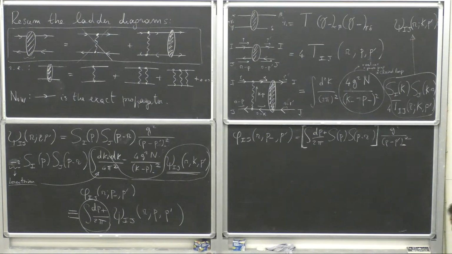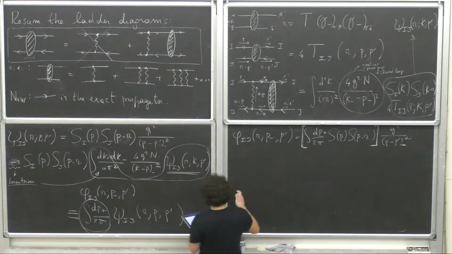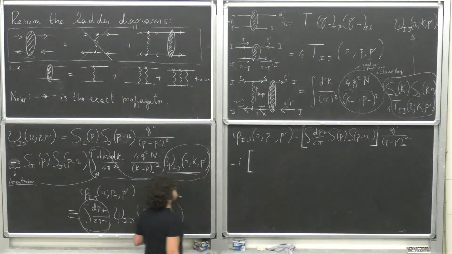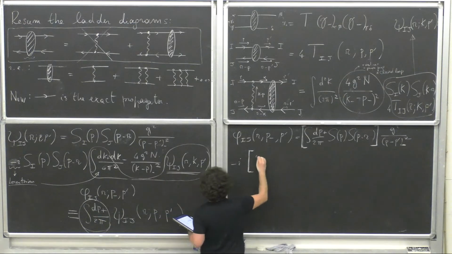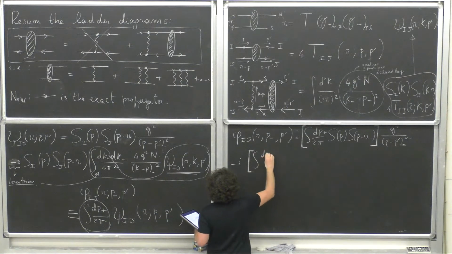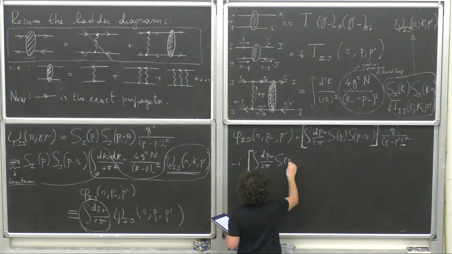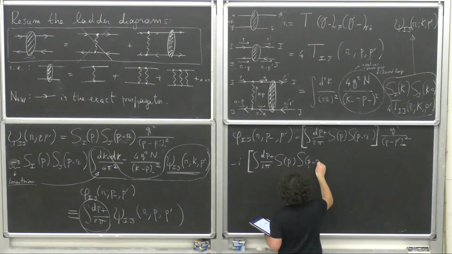And similarly, in the second term, I have minus i, exactly the same bracket, integral in dp plus over 2 pi of s of p minus r.